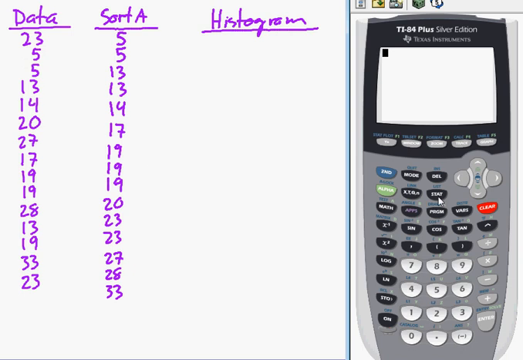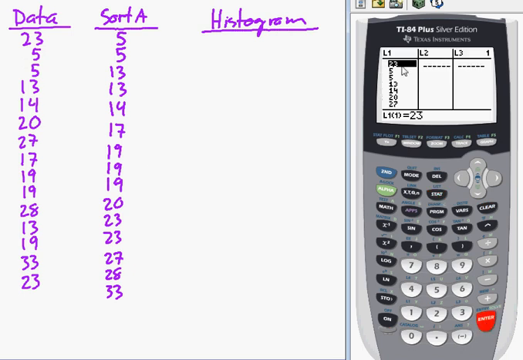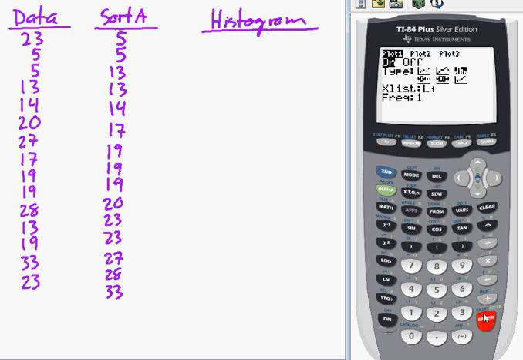Now, what I've also done is I've entered this into my calculator. Here's the original data in L1. I'm going to use the calculator to create a histogram. So I'm going to go to stat plot, go into my first stat plot. Make sure it's on. I've chosen histogram. So it's set on L1, which is good.